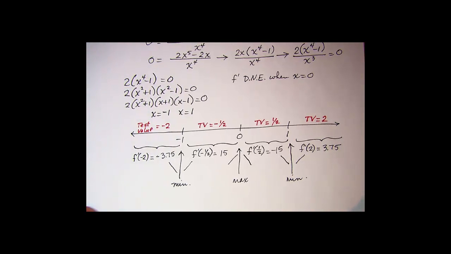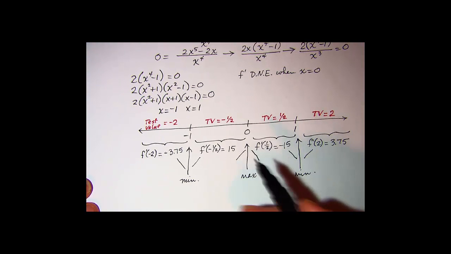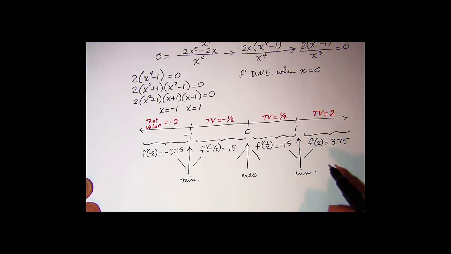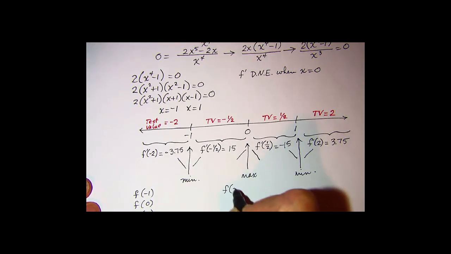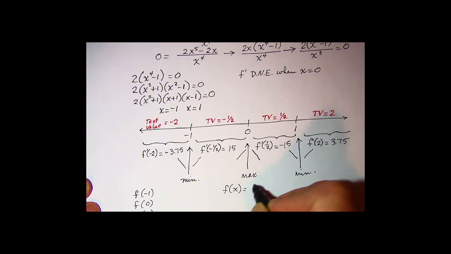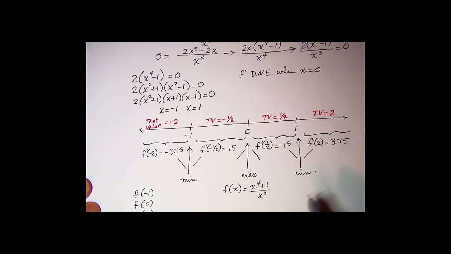So let's find the values of our function at each of these critical numbers. So f of -1, f of 0, and f of 1. Our function was x to the 4th power plus 1 over x squared.